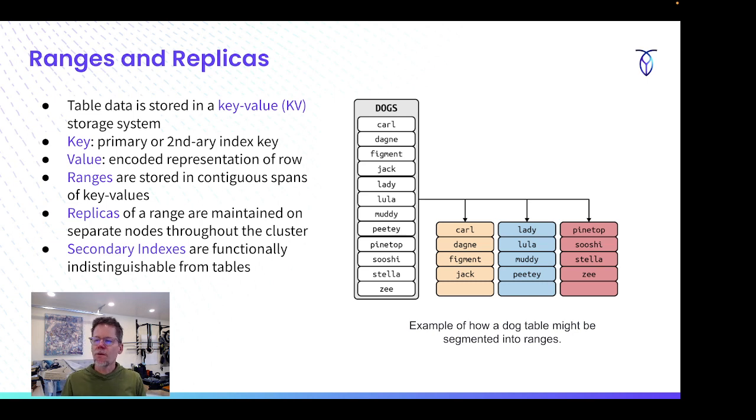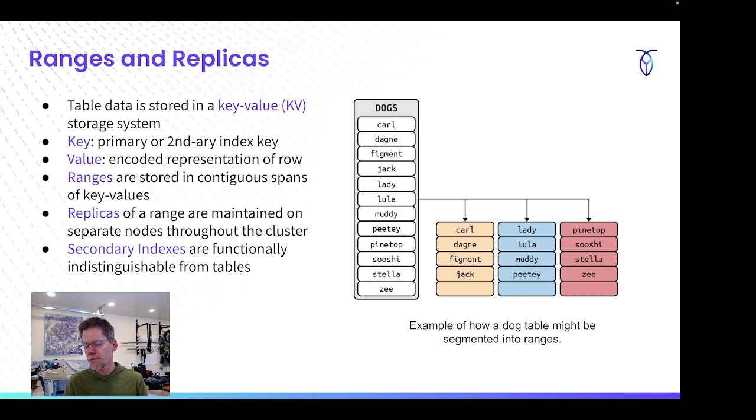So as an example on the right, let's say we created a dogs table and it had all these values from Carl to Z. Depending on how we have the range configured and the replicas configured, we might split that on Carl through Jack, Lady and Petey, and Pinetop and Z, and each one of those would be a separate range. And when we insert data into that range, we would look up which range that data belongs to.